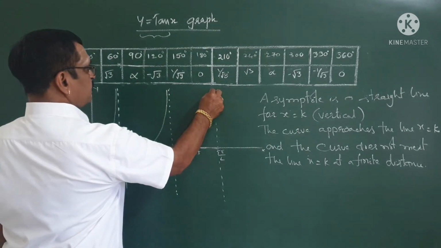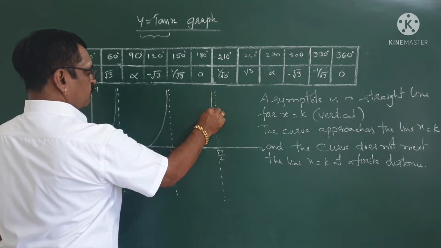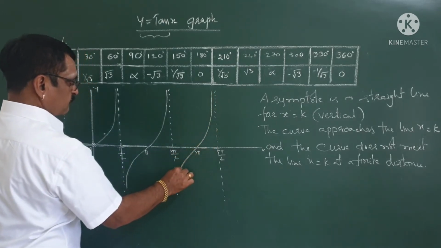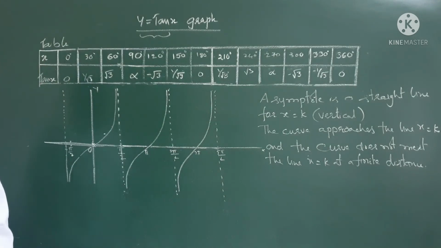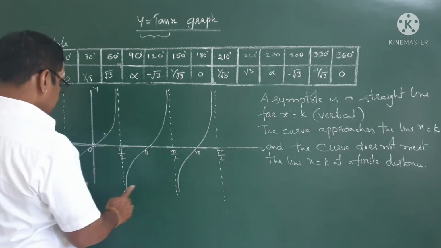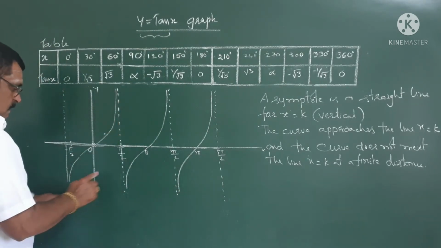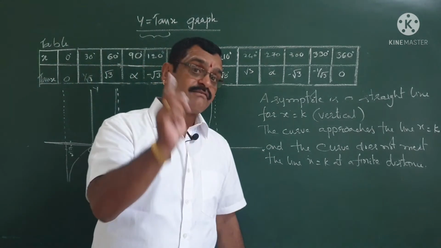Asymptote, there is a graph. If you observe carefully, the shape of the graph is repeating between two asymptotes. So the tan is also a periodic function.